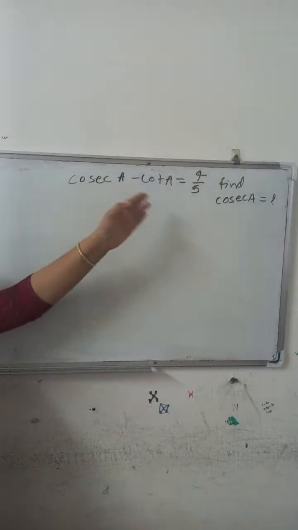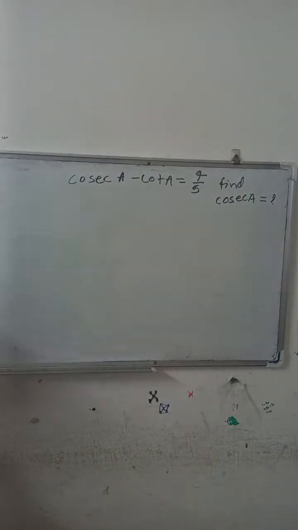Cosec A minus cot A is equal to 4 by 5. Find the value of cosec A. So can you find out this? Check how you can solve this, how we will get the answer.